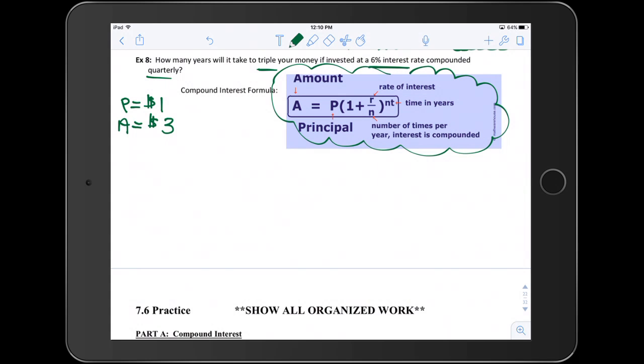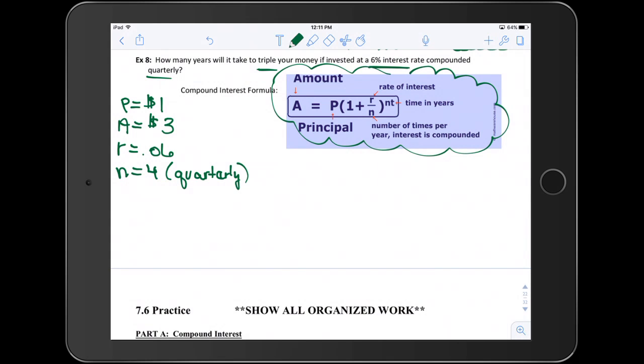If you want to put $1,000 in and want to know when you'll get $3,000, the bigger the numbers, the more you're going to have to do. But I'm just letting you know that this is the trick. You can just put $1 in and wonder how long it takes to get $3. Excuse me. The rate in this case is 6% or 0.06. The n, notice, is the number of times compounded, and it says quarterly, so we're going to put 4 in for n. That's quarterly.